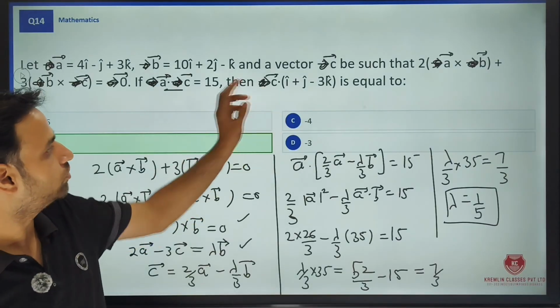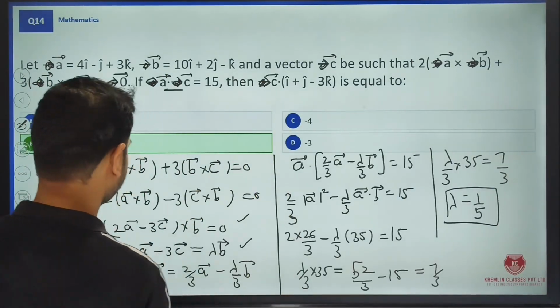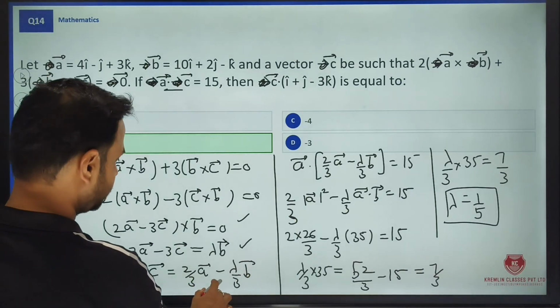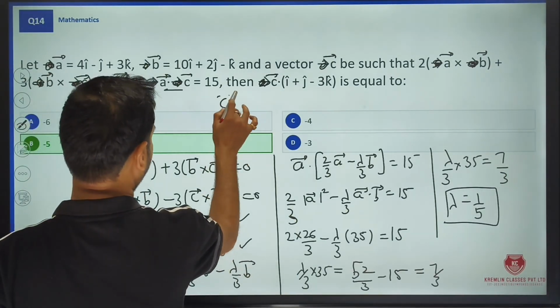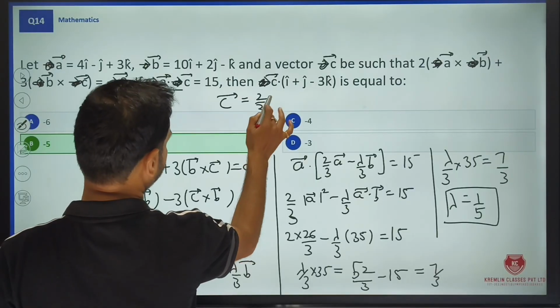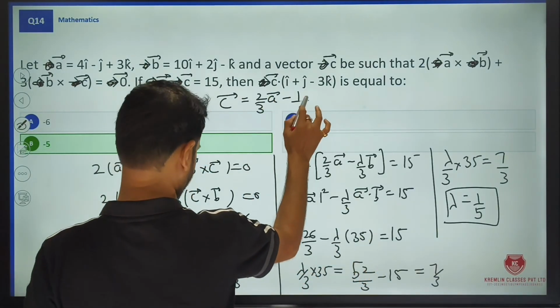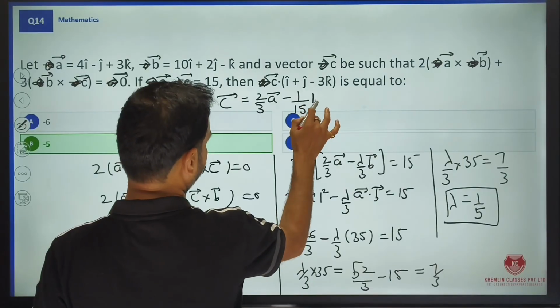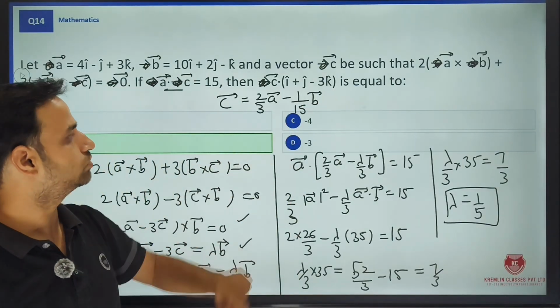Now what do we have to find out? c vector dot this one. So c vector is basically 2 by 3 a vector minus lambda, 1 by 15 b vector. We have to find c dot this one.